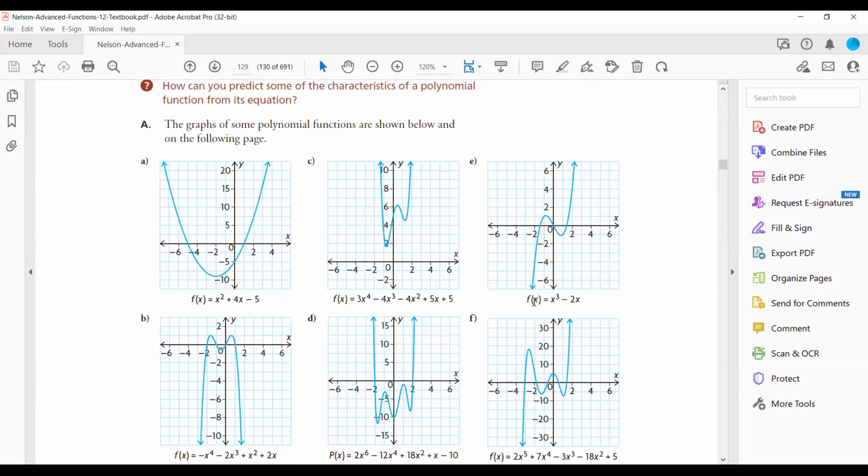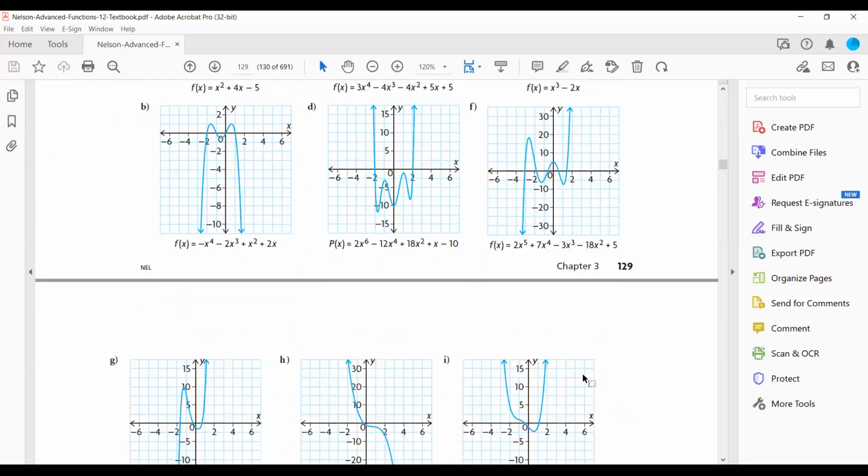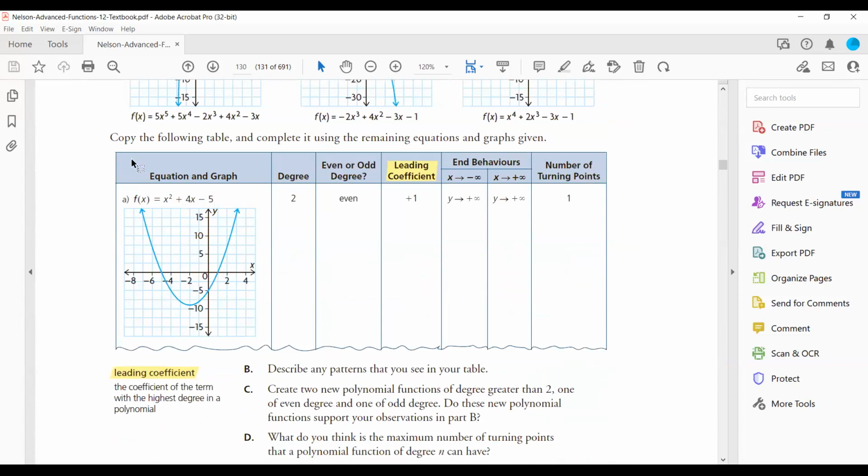We actually already looked into some examples that you can see on the screen. We already determined the degree of a certain polynomial function, whether this degree is even or odd, the leading coefficient that defines which direction our polynomial function would open up, as well as end behavior that is directly related to the degree and whether the function is even or odd, and of course the number of turning points, which is directly related to the degree of the polynomial function.